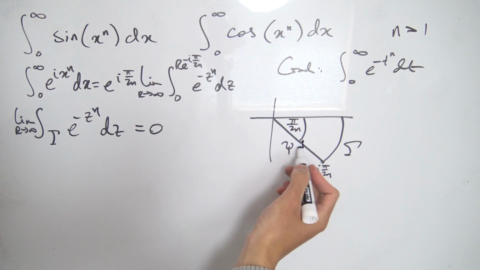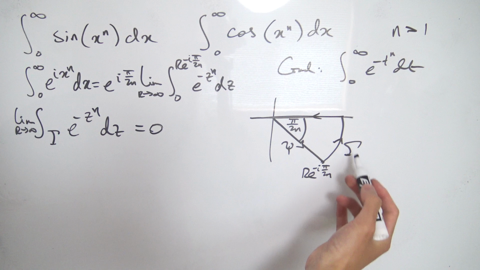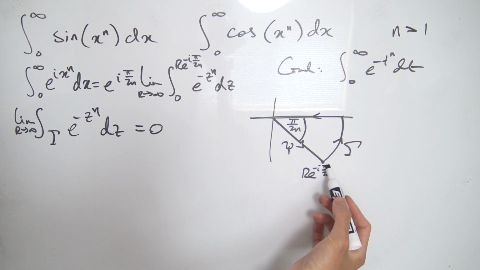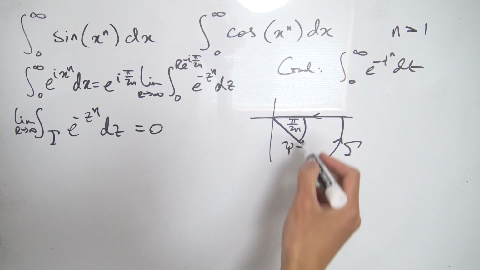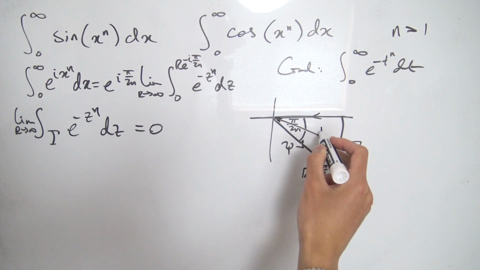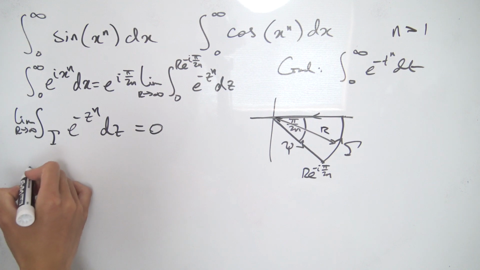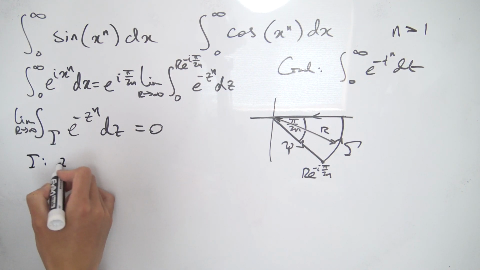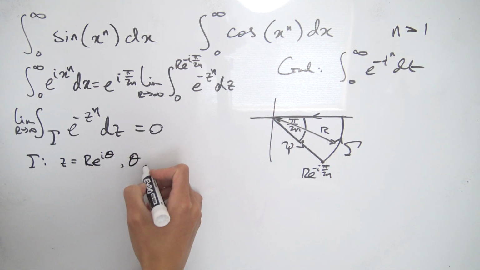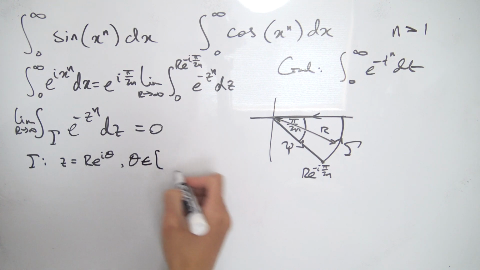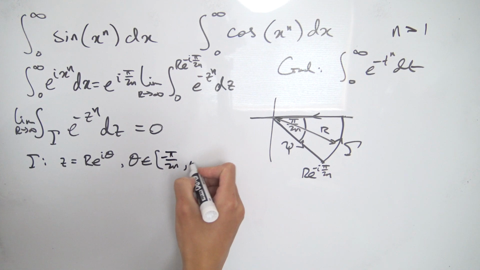If we're traversing the path in this direction, this is our contour path, then gamma starts from an angle of pi over 2n and goes up to 0, and of course it has a constant radius of r everywhere. So we can parameterize gamma, because on gamma, all the z's can be written as r times e to the I theta, where theta is on the interval going from minus pi over 2n all the way up to 0.